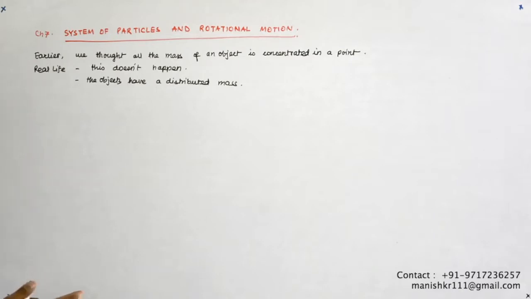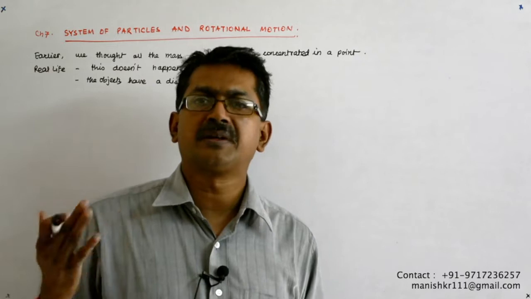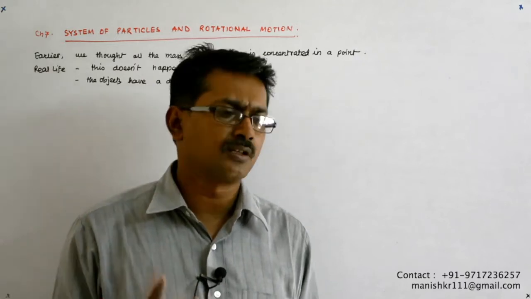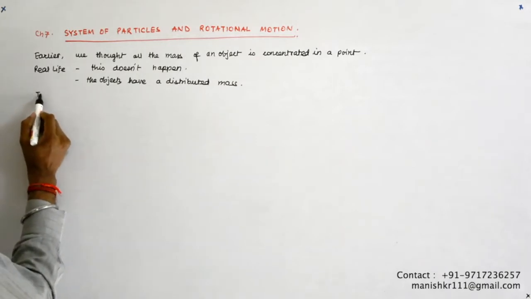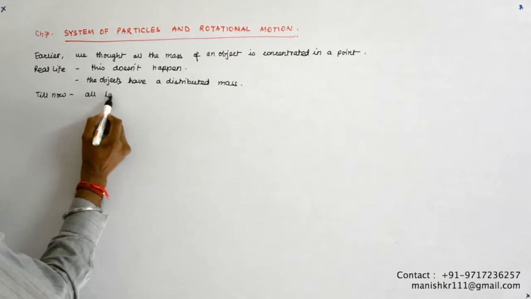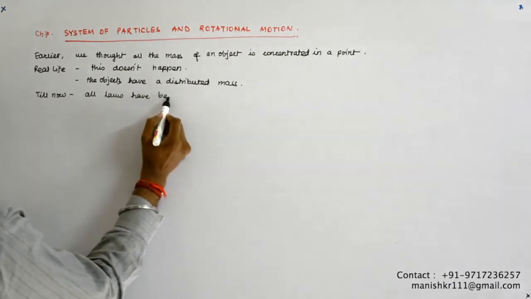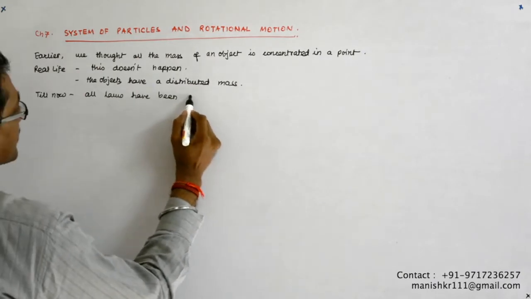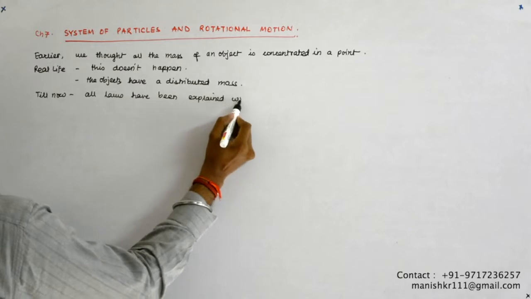Now the trouble is, all the laws that we have done till now, we have done on the basis of a point mass. All the collisions, point mass, right? Till now all laws have been explained with respect to a point mass.